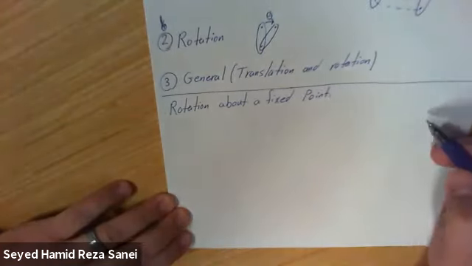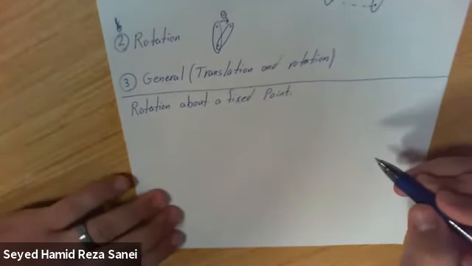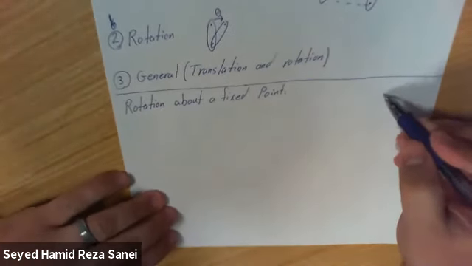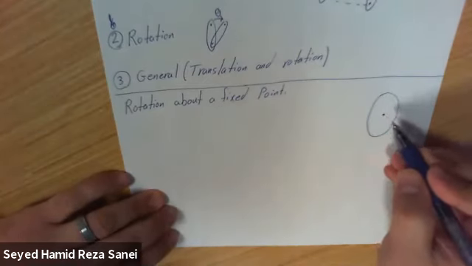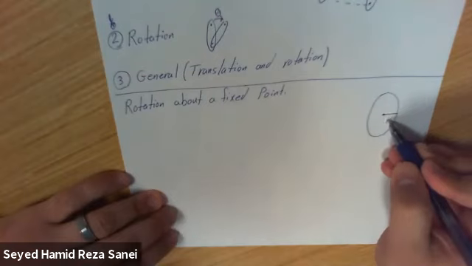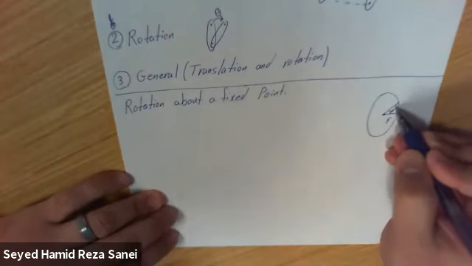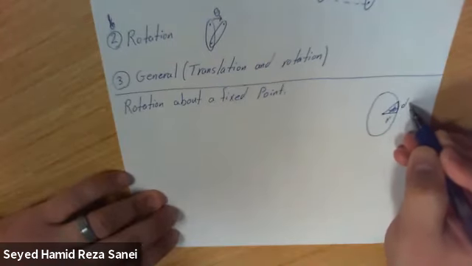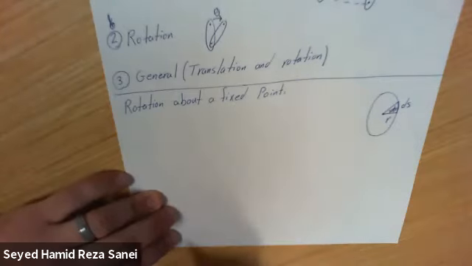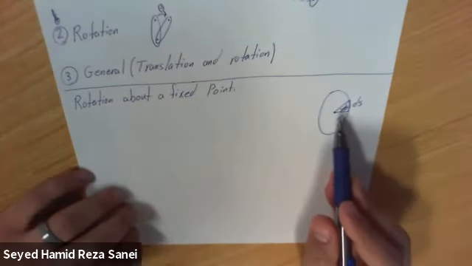Let's say we have a disk here, and our disk has a radius of r. Let's call it displacement of d theta. And then this displacement would be ds. So ds equals r d theta.